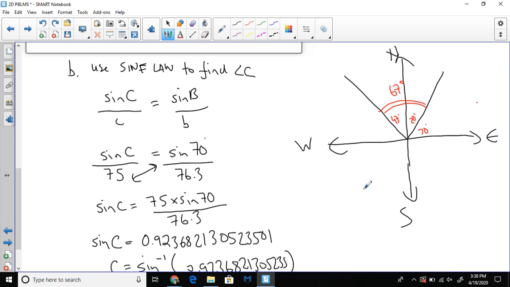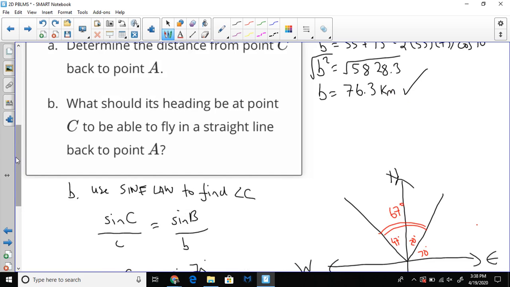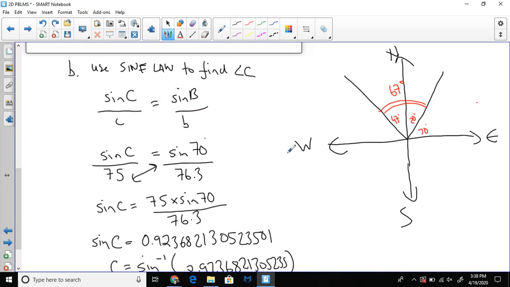And then in terms of a direction, what should be its heading? Heading is literally the official direction. So for this, what can I say? Well, if this is north, then how many degrees west? 47.